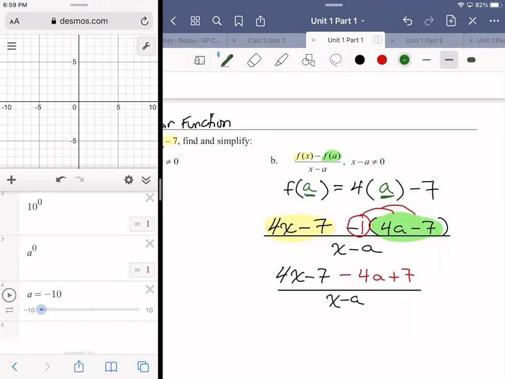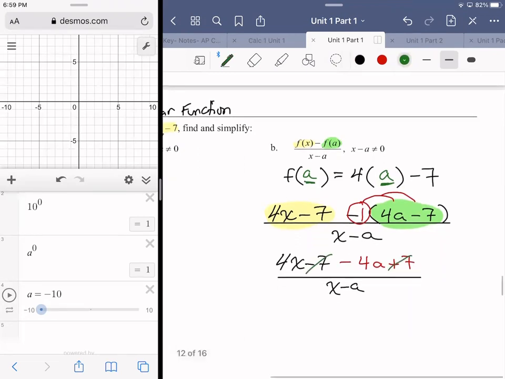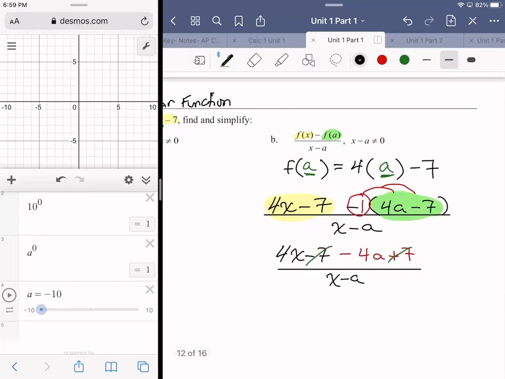They're opposites of each other, so they'll cancel away. And I'll be left with, on top, 4x minus 4a over x minus a. We notice, hopefully, the common 4 that can be factored out. And when we factor that out, we're left with just a 4.